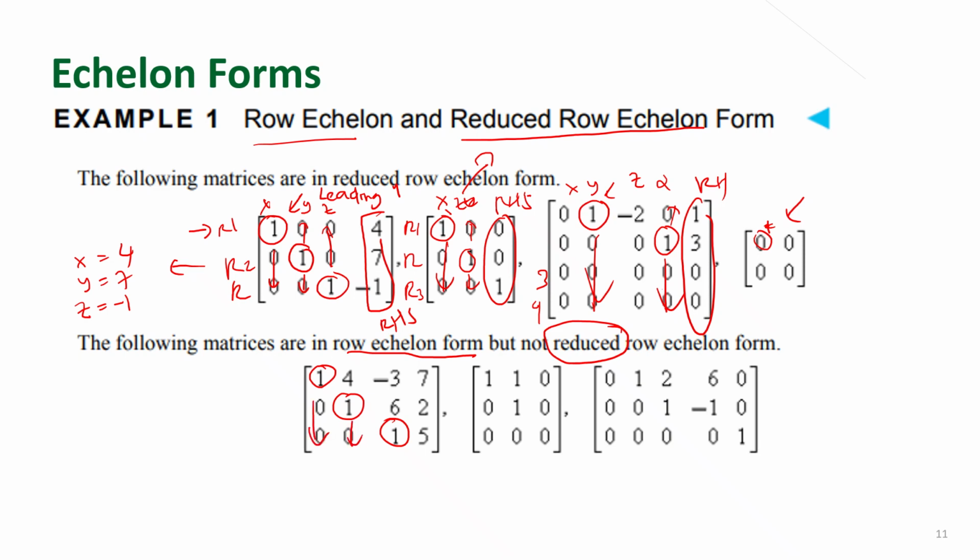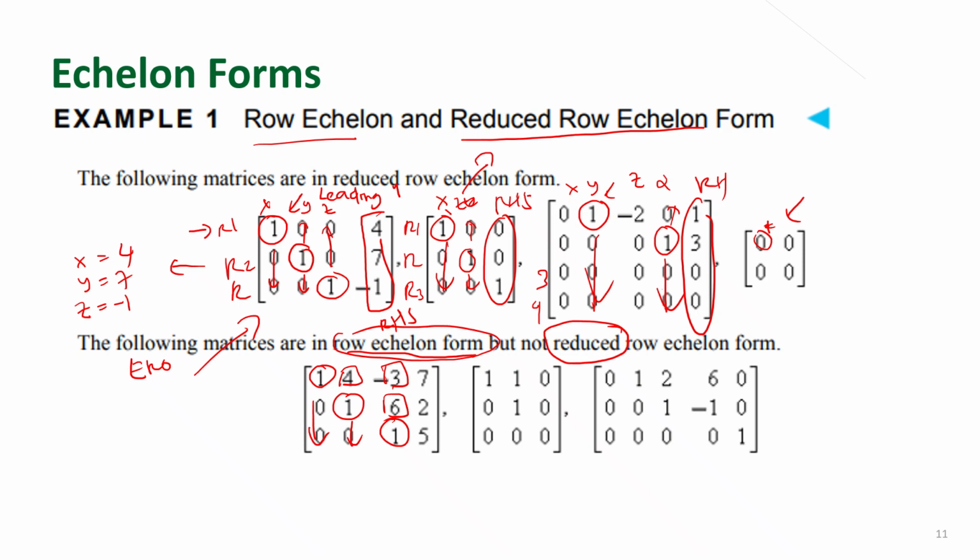What is above it, you don't really need to make 0. Why? Because sometimes when we do elementary row operations, for one particular method or another, we reduce only up until row echelon form, because it takes so long to make it reduced row echelon form.